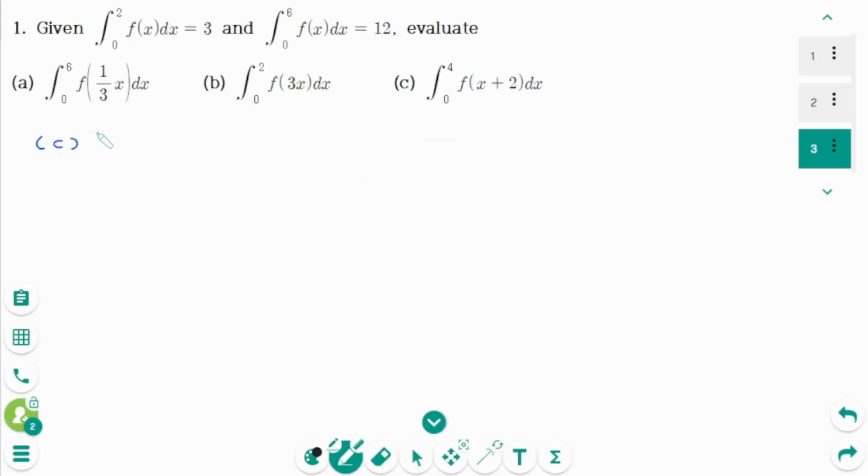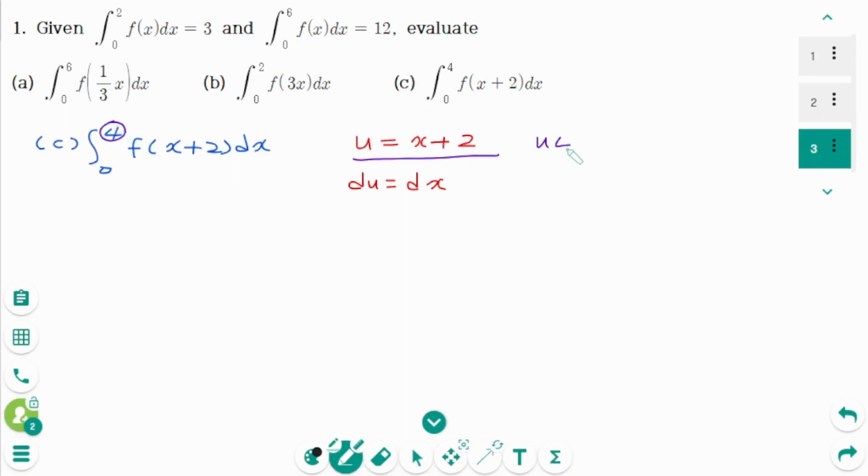C. The integral from 0 to 4 of f of x plus 2 dx. Use substitution. Let u equal x plus 2. Then differentiate on each side: du equals dx. When x equals 4, u of 4 equals 6.